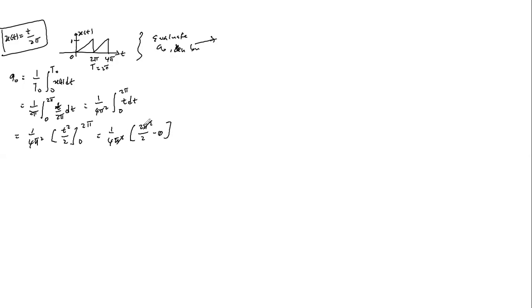So 4 pi squared divided by 2 will truncate this. So A naught is the same as 1 over 2.